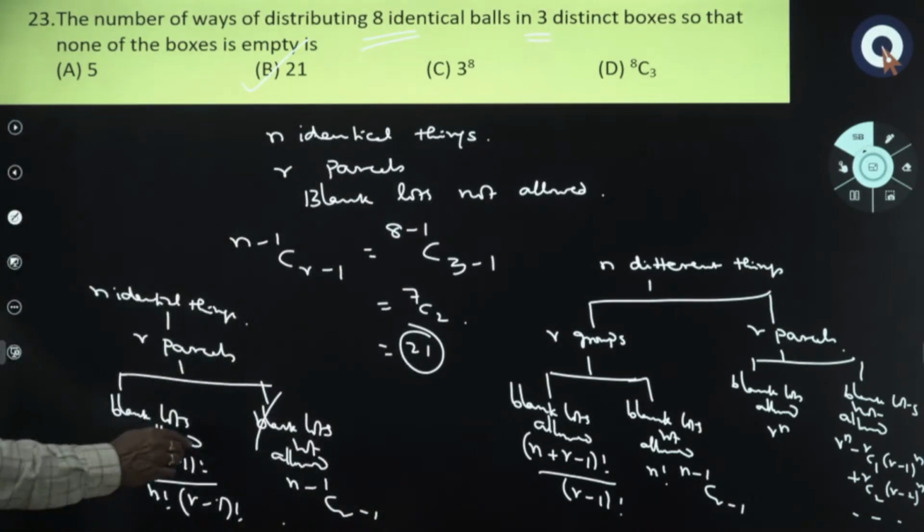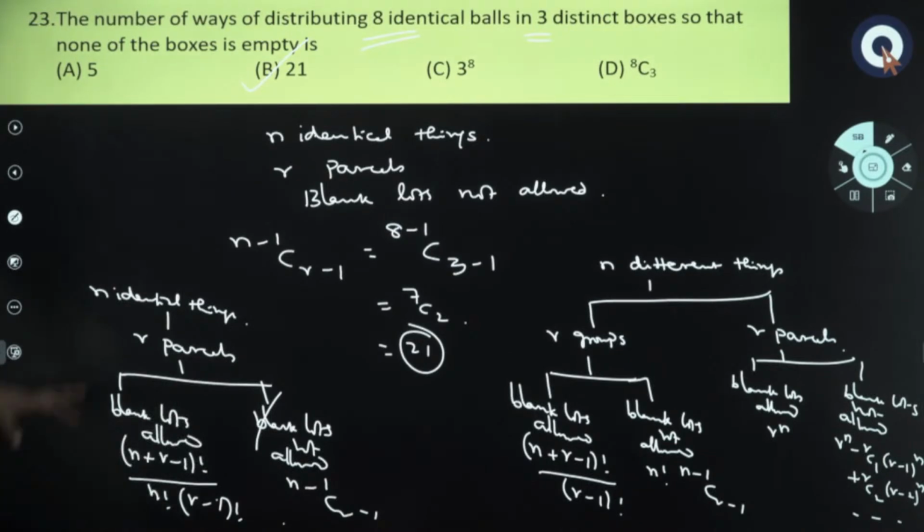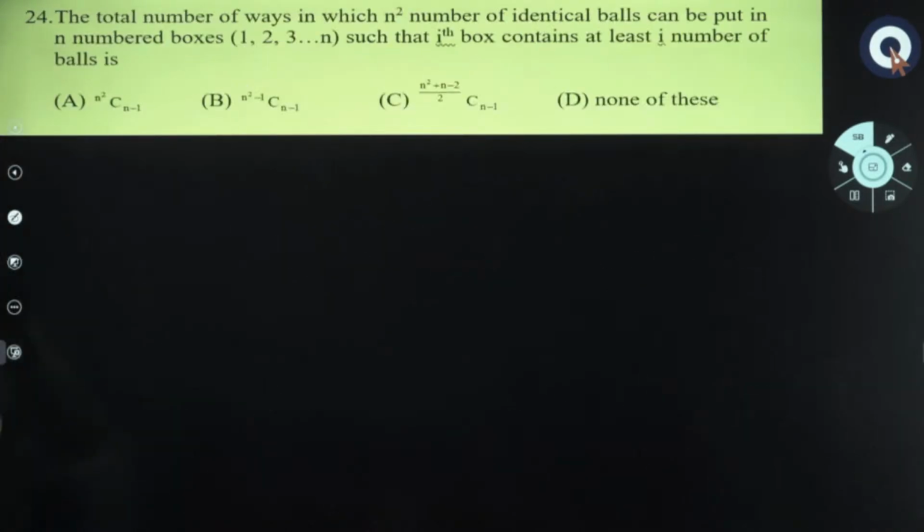So these are the 6 formulae in the case of this kind of distributions, which you may prefer to remember. The total number of ways in which n square number of identical balls can be put in n numbered boxes such that the ith box contains at least i number of balls.